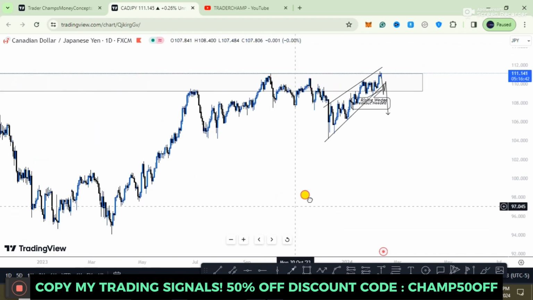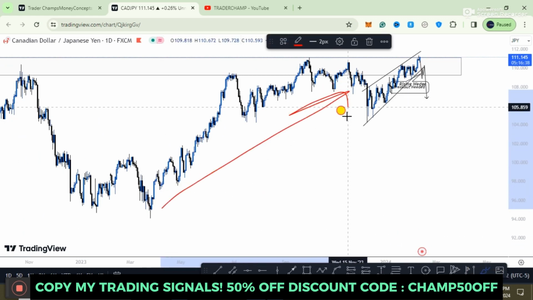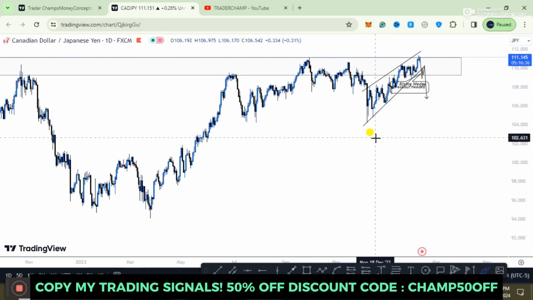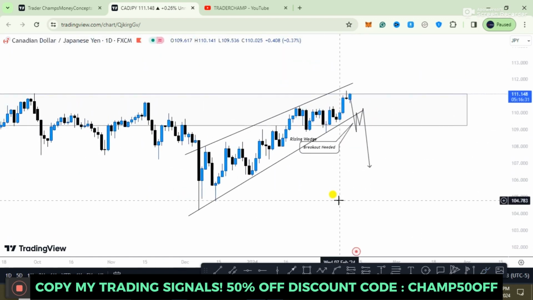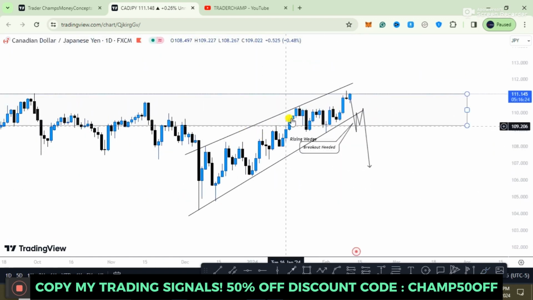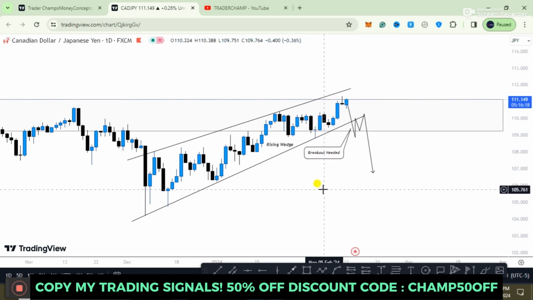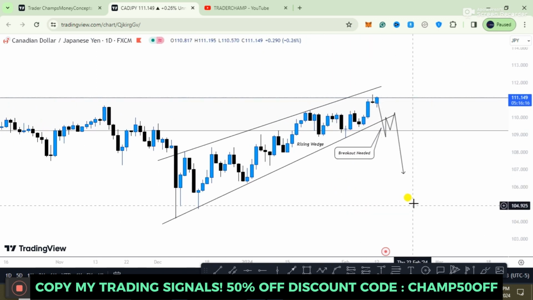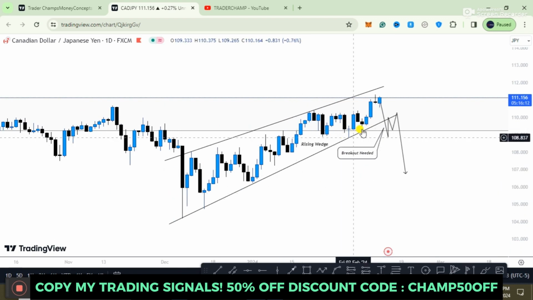Here we see that the price is showing a strong bullish move to the upside, right? Based on the structure, here I have identified a perfect structure which has been created on the daily time frame, and also on the daily time frame the price of CADJPY has created a rising wedge pattern, which is basically a perfect bearish setup.